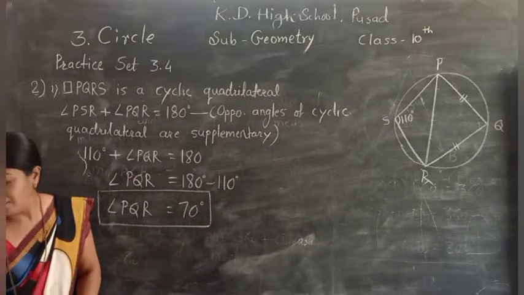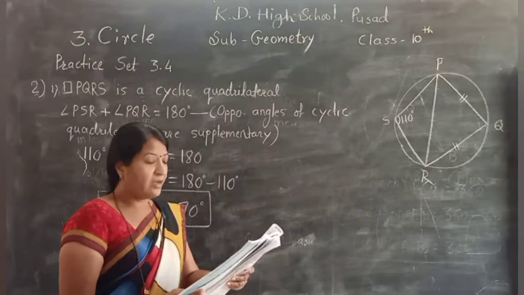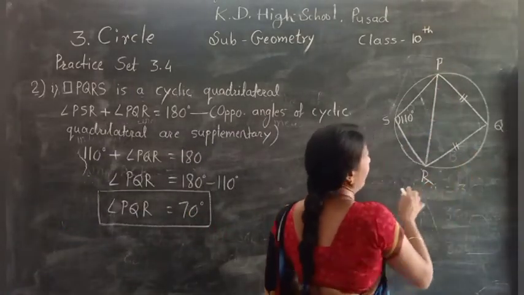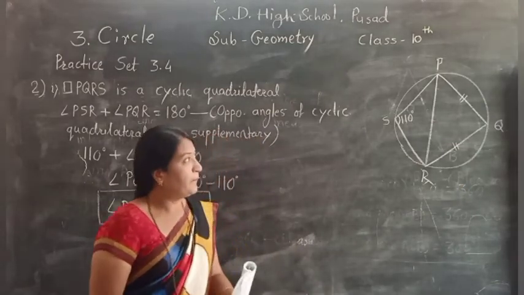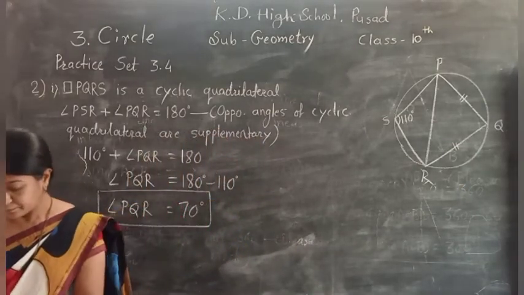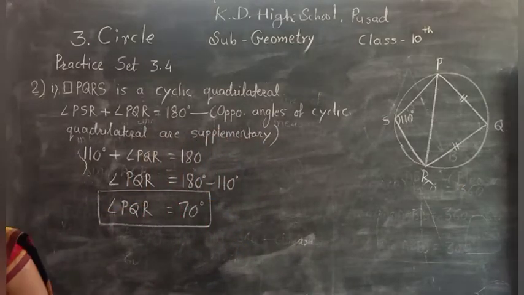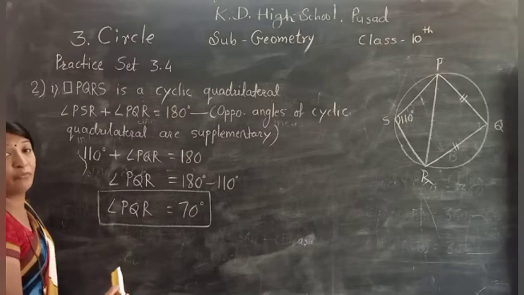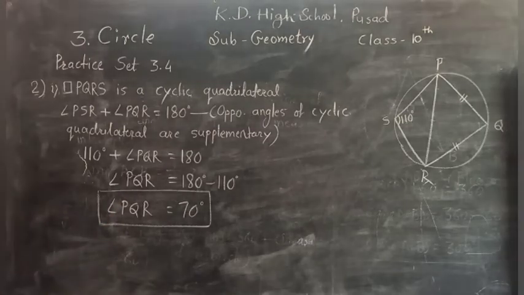Now second, measure of arc PQR. We have to find the measure of arc PQR. Now see here. First of all, take a screenshot. We continue the second after this.